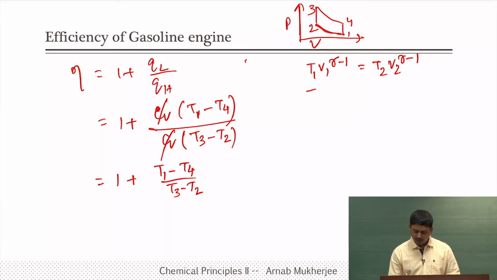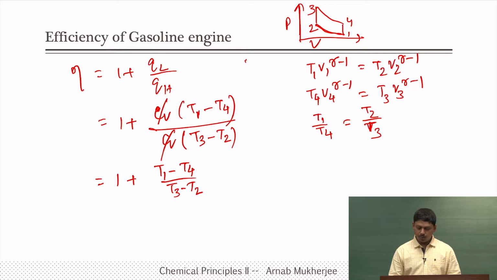For 3 to 4 also we can do the same thing, T4 V4 to the power gamma minus 1 is T3 V3 to the power gamma minus 1. Now, once we take the ratio of that, we will get T1 by T4 is equal to T2 by T3, because V1 equal to V4 and V2 equal to V3.